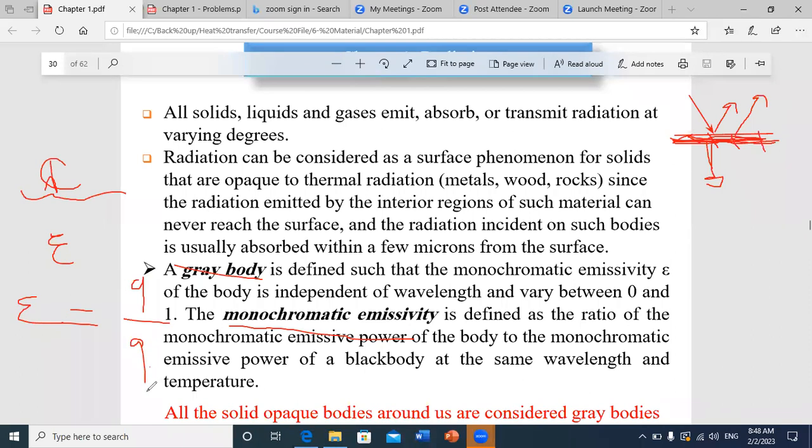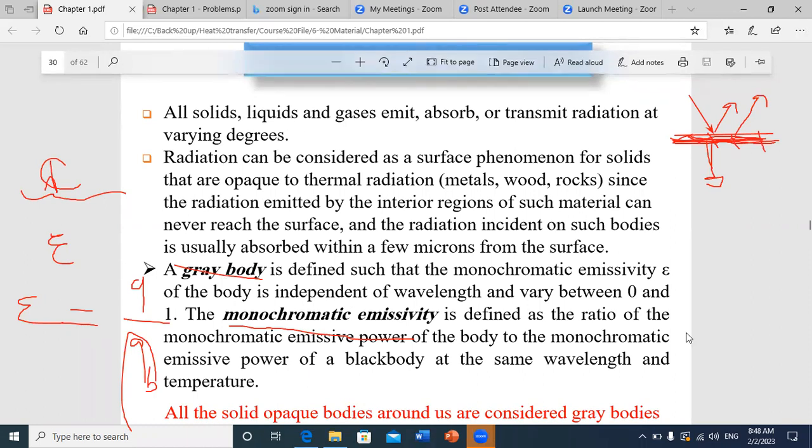We know that the black body will emit the maximum, and the gray body, depending on its emissivity, if it has a high emissivity, will have a behavior close to the black body. However, if it emits a small amount, when epsilon tends to 0, then the behavior of the gray body will be far from the black body and it can have down to 0 emission. Now, all solid opaque bodies around us are considered gray bodies.